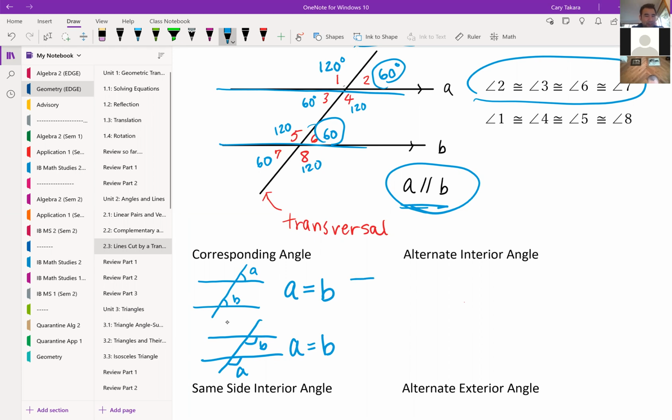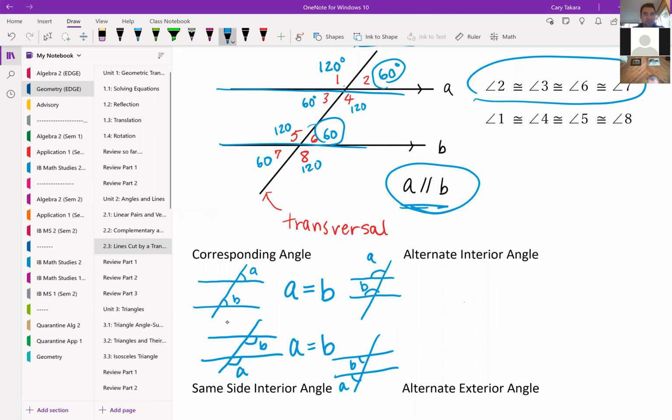Okay. It could also be left side too. This angle, this angle. It could be this angle and this angle. They are all equal to each other, isn't it? In this case, the above example, it's going to be 60 and 60 or 120 and 120.